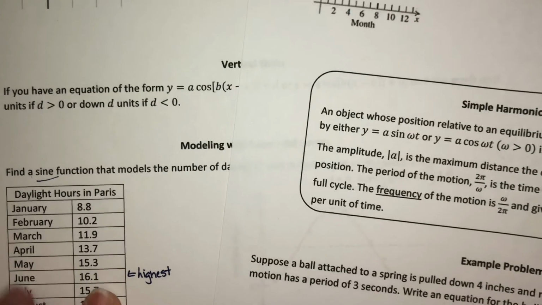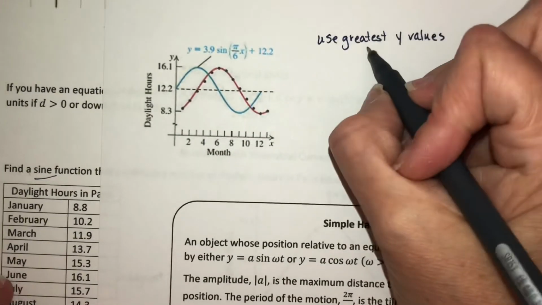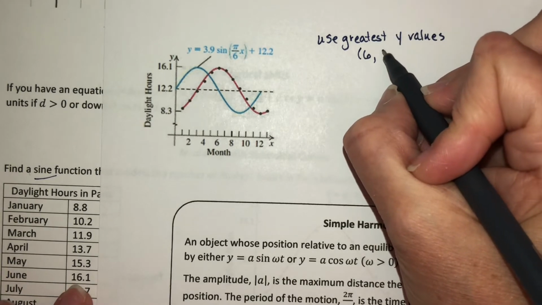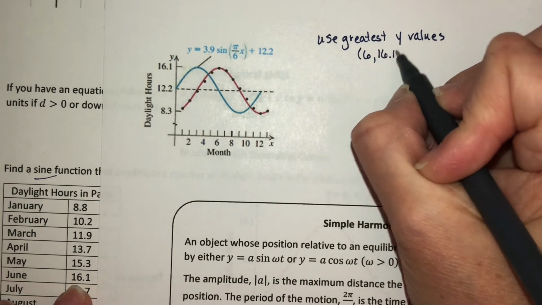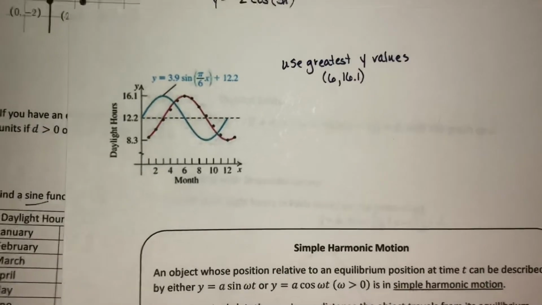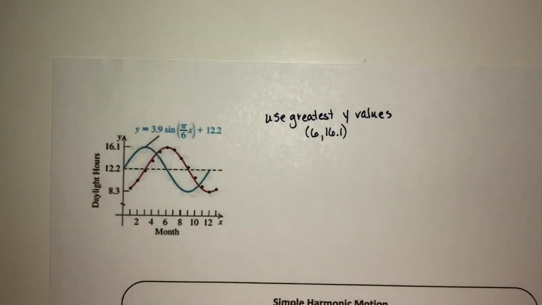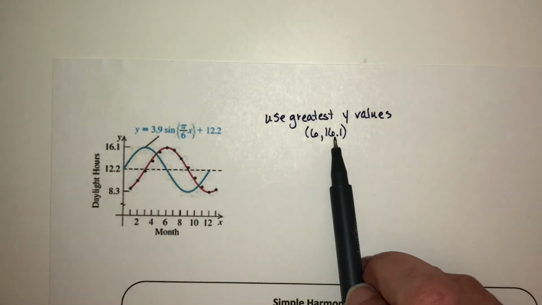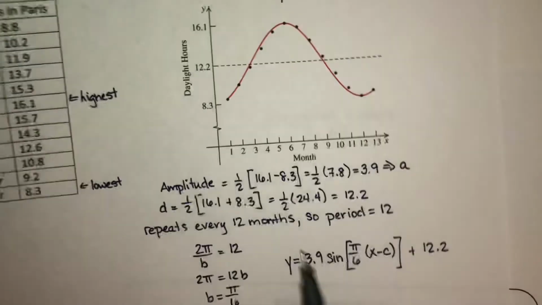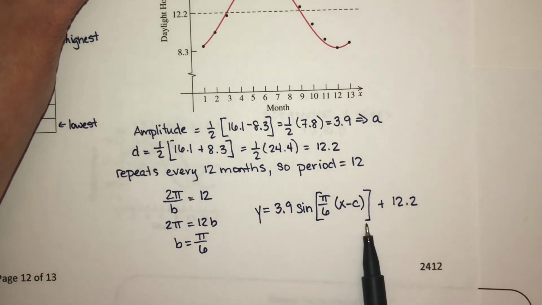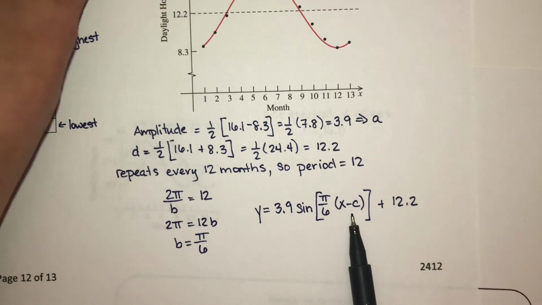June is the 6th month, and our y value at that point was 16.1. So that should be my highest value. I'm going to plug in this for x and this for y into the best formula we have so far, and that's going to allow us to find our c value.